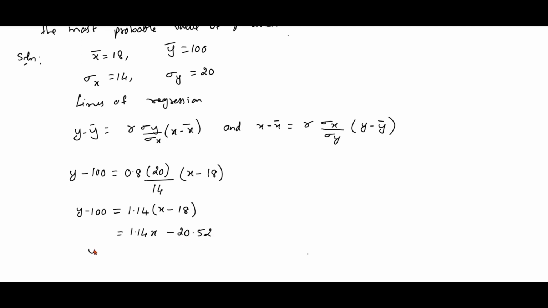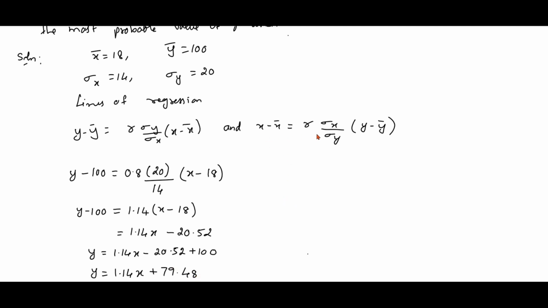So Y will be equal to 1.14x minus 20.52. Sending this minus 100 to the other side, it becomes plus 100. So Y value will be equal to 1.14 times X plus 100 minus 20.52, which will be equal to 79.48. That's the value of Y.